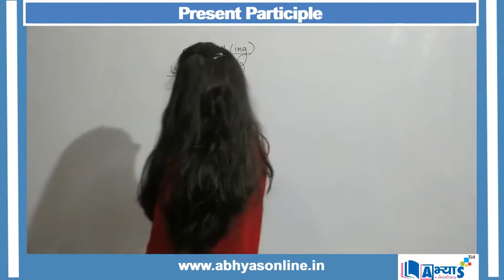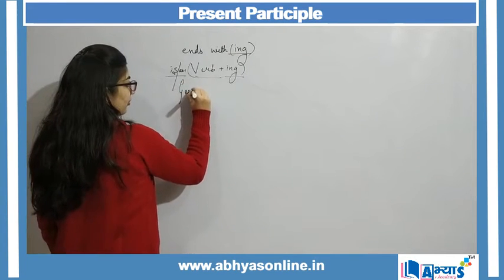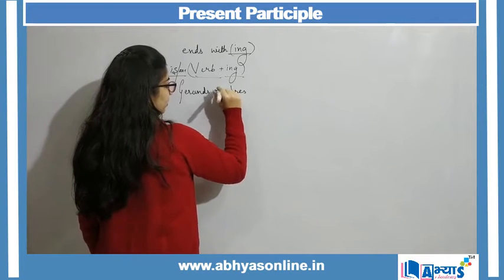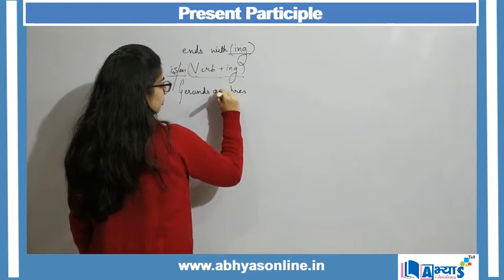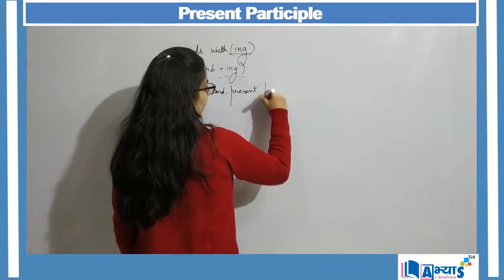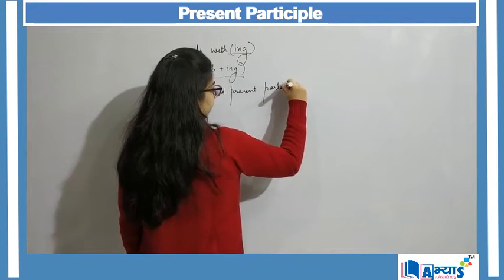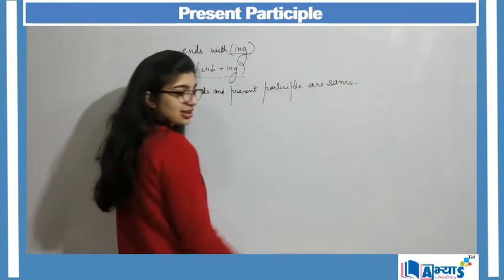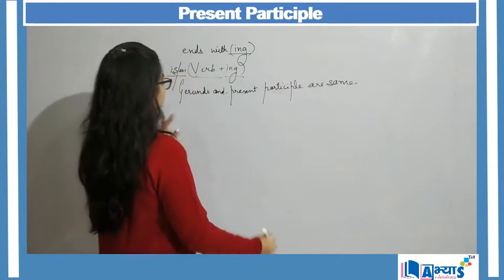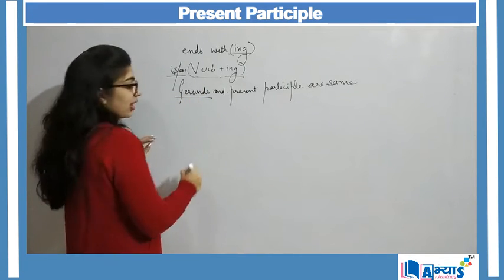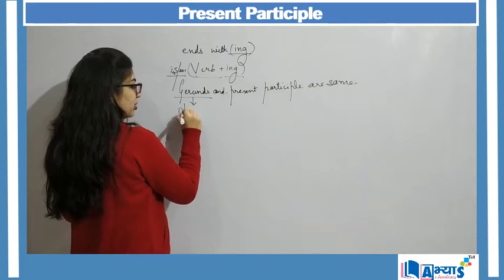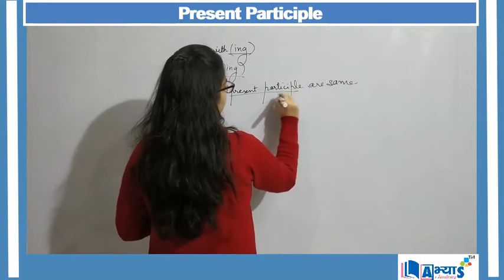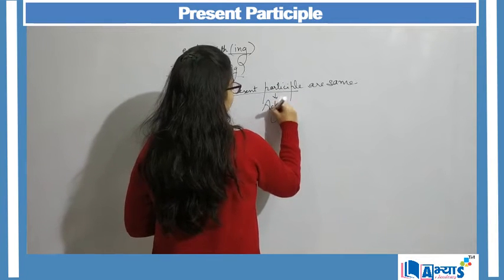Now, gerunds and present participle are the same. They act in the same manner, just as gerunds can be used as nouns and present participle is used as an adjective.